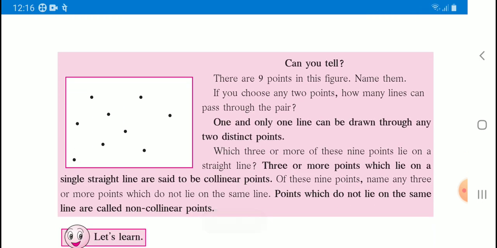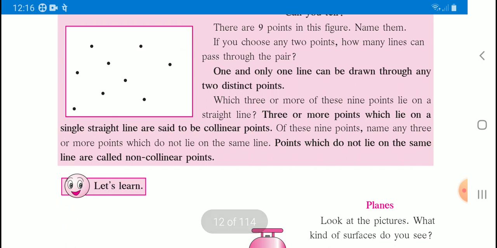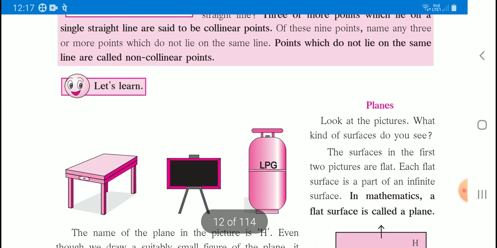Next, if 3 or more points lie on a single straight line, then those points are said to be collinear points. But if 3 or more points do not lie on the same line, then they are called non-collinear points. Next, we will learn about planes.